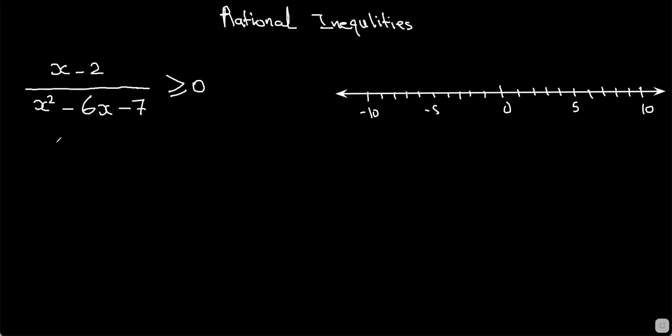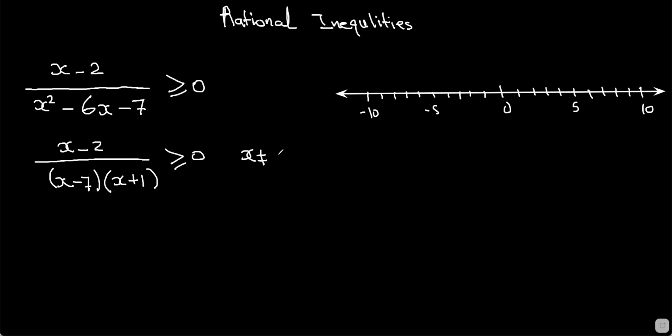So let's rewrite this as x minus 2 all over, and if we factor the bottom, we get x minus 7, x plus 1. Two numbers that multiply to give you -7 and add to give you -6 are -7 and 1. Greater than or equal to 0. So definitely my non-permissible values are: x cannot equal 7 and -1.